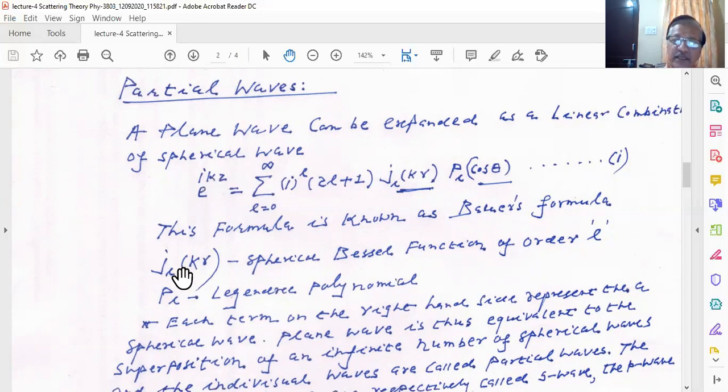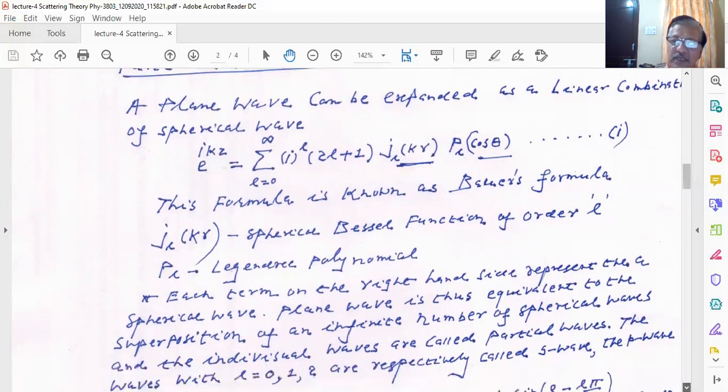Here j_l of kr is a spherical Bessel function of order l, and P_l of cos theta is a Legendre polynomial. Each term on the right hand side of equation number 1 represents a spherical wave.